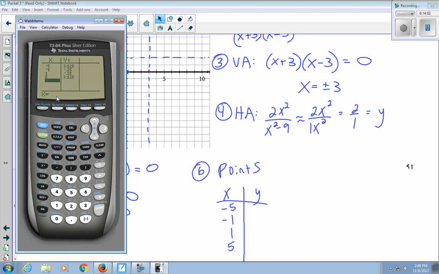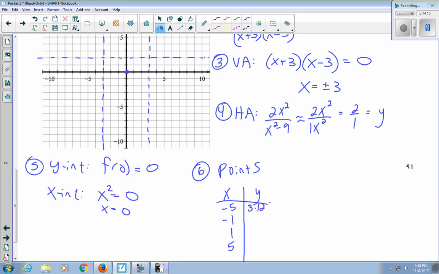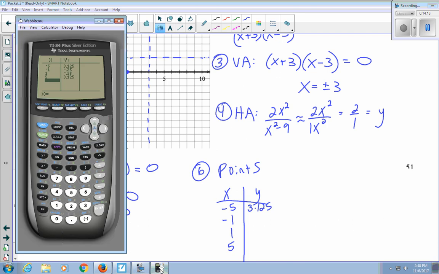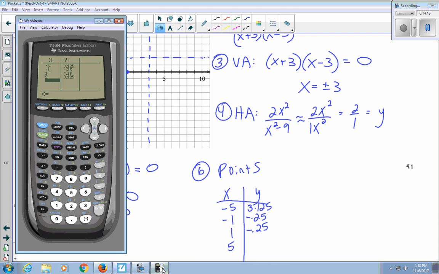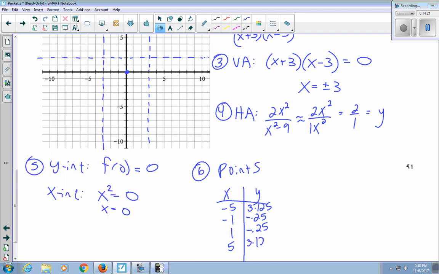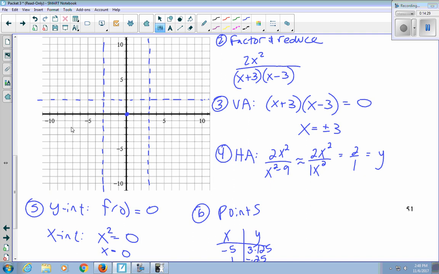I went to the table, typed in the x values I wanted, and my y values are 3 and an eighth, 3.125, negative a quarter, negative a quarter, and 3.125. So if I plot those points, that should give me a pretty good picture of how to connect everything using the asymptotes as a guide.